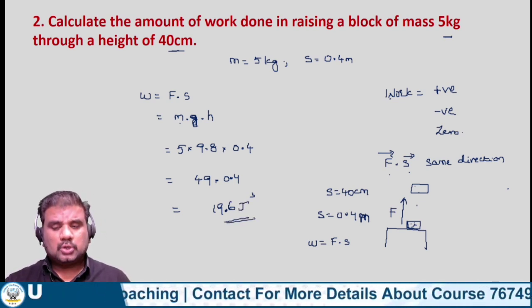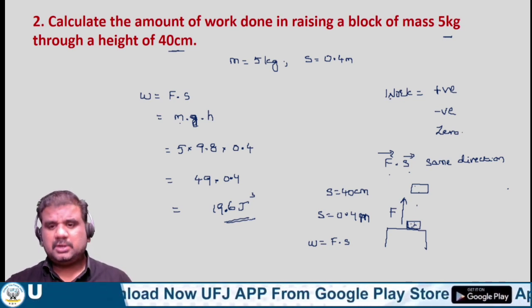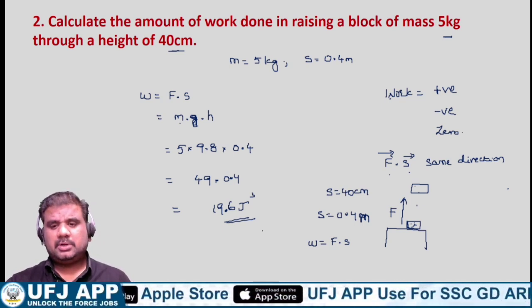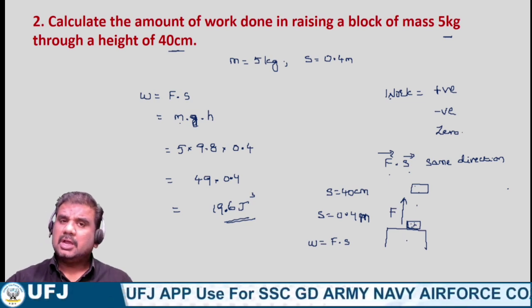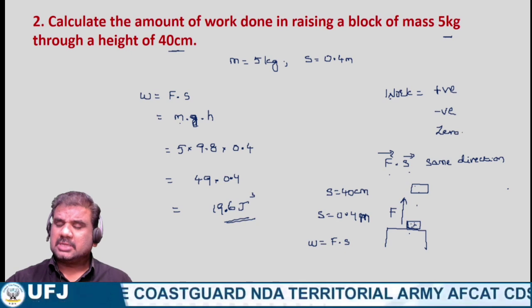19.6 joules. So whenever you are lifting any particular object in the upward direction, the work done will always be positive, because force and displacement are acting in the same direction.